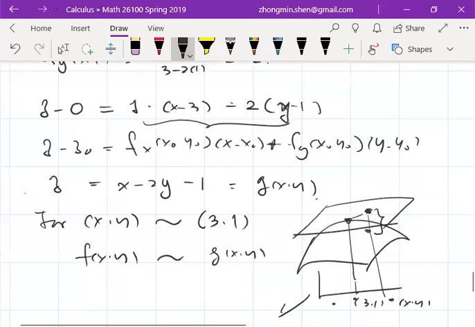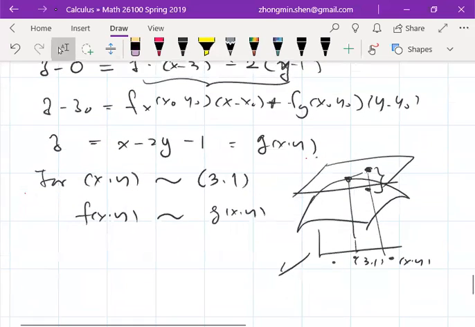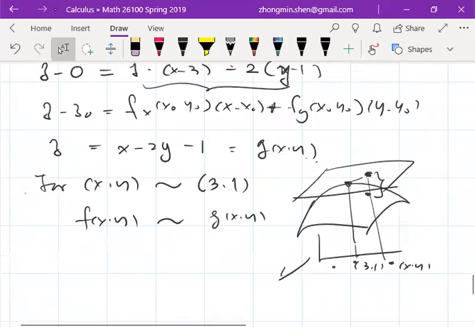So the gap between them is going to be the difference of these two functions. So f of x, y is really close to, it can be approximated by this function.